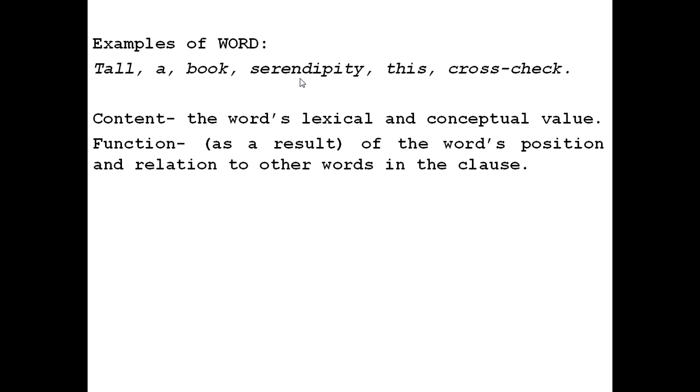So the British colonizers called it serendipity. I mean, finding something by chance, after the name that Sri Lanka had at the time. So it's very nice, you know, that's a lexical word with a history.